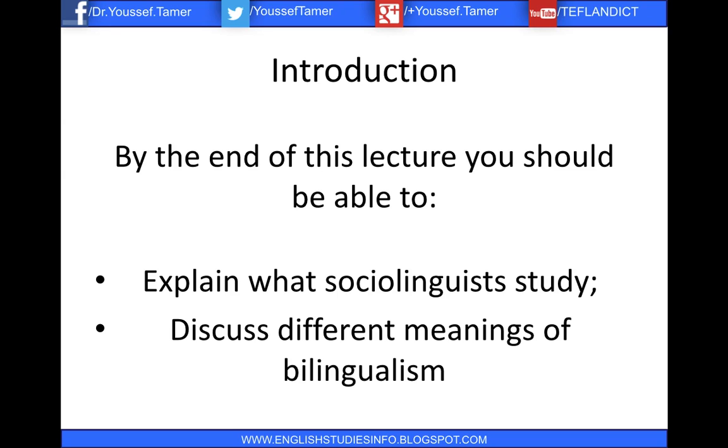And then there are other branches like neurolinguistics that tries to deal with the relationship between the brain and the language. What are the things that we have in our brain and that help us to acquire language? So they say that we have specific kinds of places in our brain that help us acquire language.